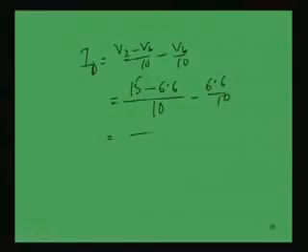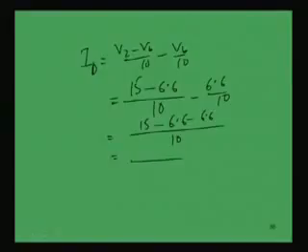So, that is 10 in the denominator and the numerator, 15 minus 6.6 minus 6.6. Do this calculation, it will be giving you the numerator as 15 minus 13.2 by 10. So, you will be getting 1.8 volt in the numerator.